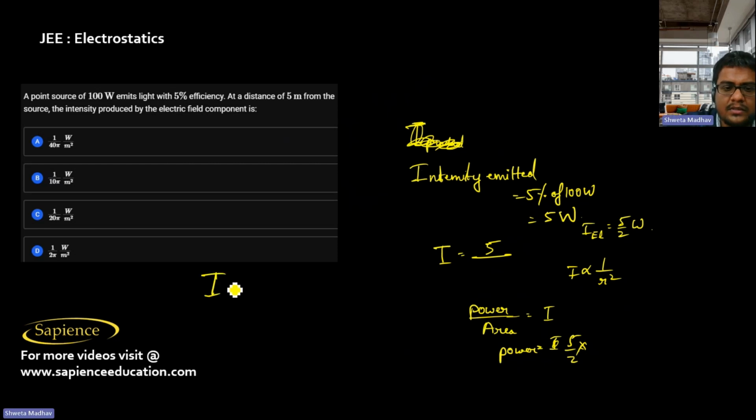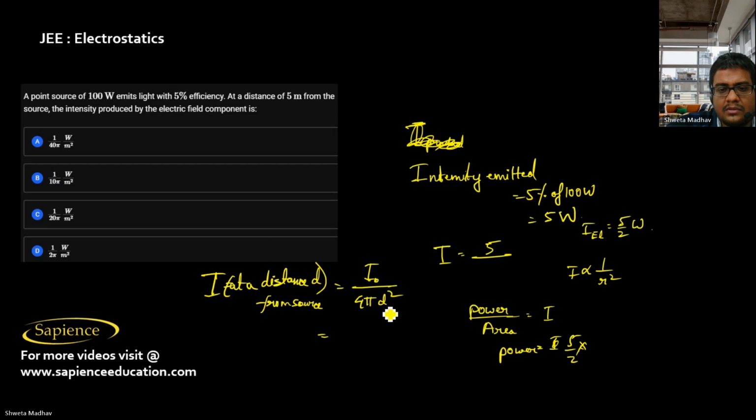So intensity at a distance d from the source will be given as I naught by 4 pi d square. I naught is the intensity emitted by the electric field component, that is 5 by 2, divided by 4 pi.